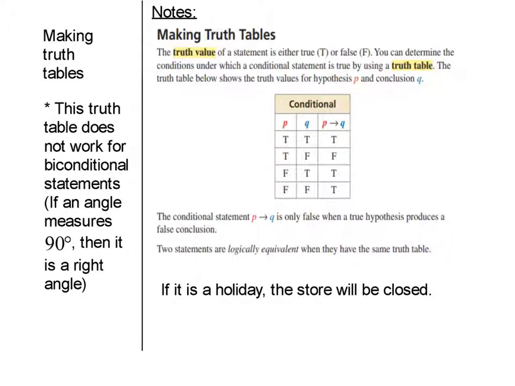If you look at this statement forwards and backwards, it may not necessarily be true. If we look at if it is a holiday, the store will be closed. If you say if the store is closed, it is a holiday, stores can be closed on days other than holidays. So that's not necessary, the converse is not necessarily true. Does that make sense? So we're going to take a look at this simple statement and its truth values.